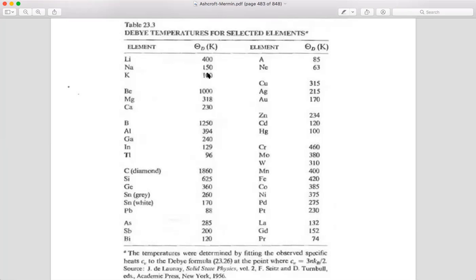So lithium, sodium, potassium, beryllium, magnesium, calcium, zinc, cadmium, mercury, or copper, silver, gold, everywhere, if you go down the group, the Debye temperature decreases. Nevertheless, we are talking of a few hundred degrees Kelvin.